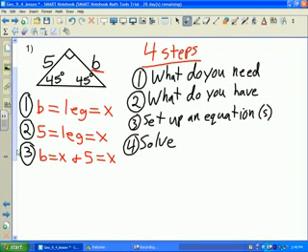So the fourth step comes pretty simple then. If b is equal to x and 5 equals x, then our b, what we need, must equal 5. I'm sorry, b equals 5.